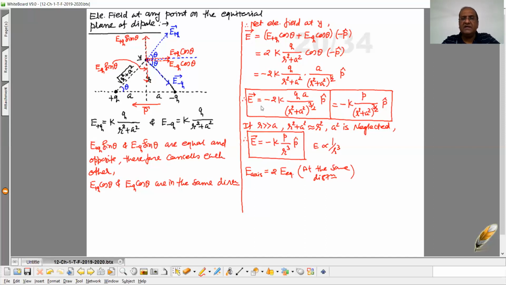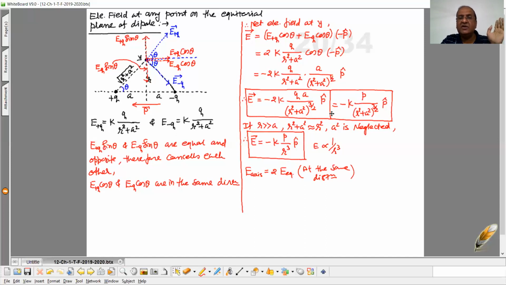Now, resultantly we can write E equal to minus 2kq into a upon r square plus a square raised to 3 by 2 into p caret.